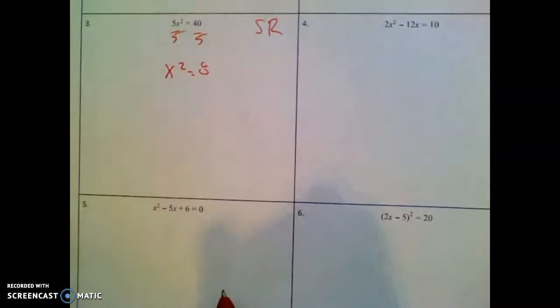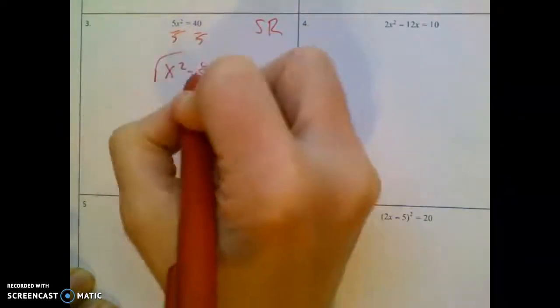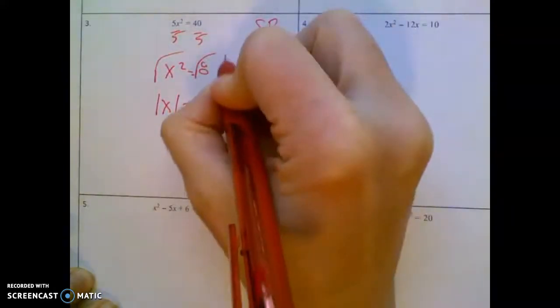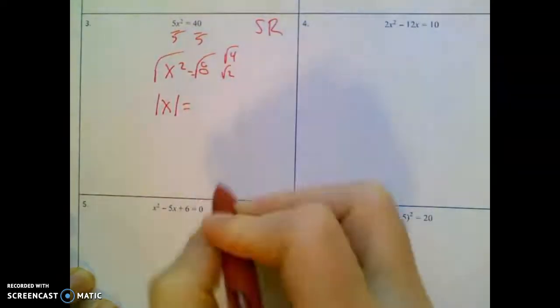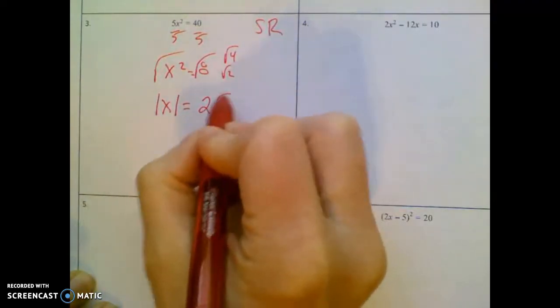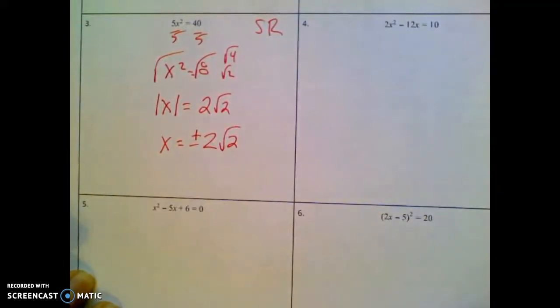Okay, and then I'm just going to square root both sides. I'm going to get absolute x equals square root of 8, which is square root of 4 times square root of 2, which is 2 root 2. Don't forget, you always should get 2 different answers, and because it's got a square root on it, I can just go straight to it. So positive negative 2 root 2.